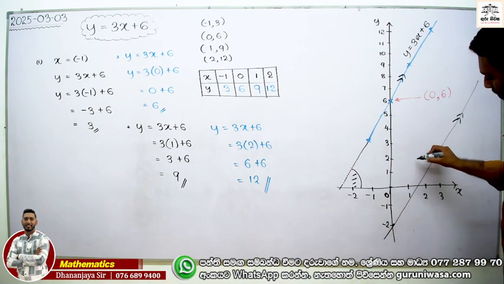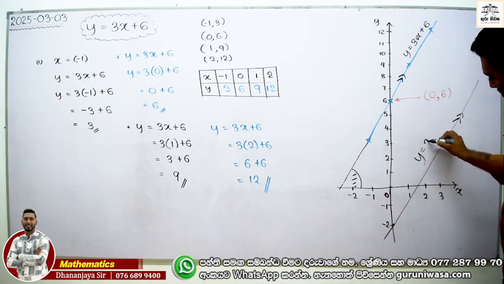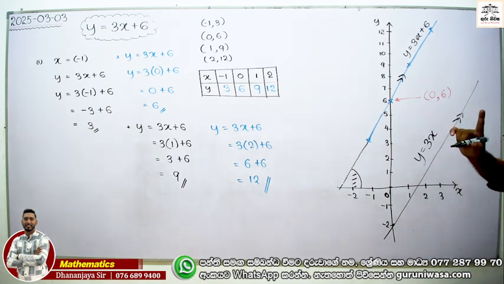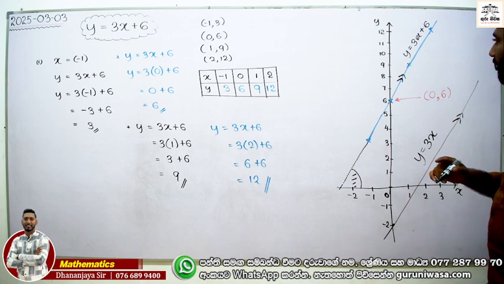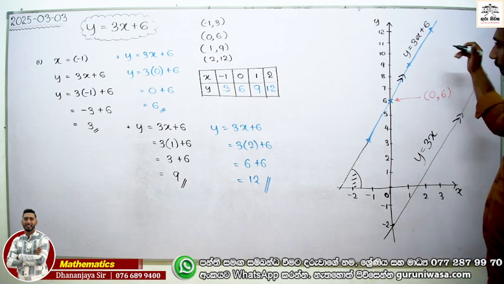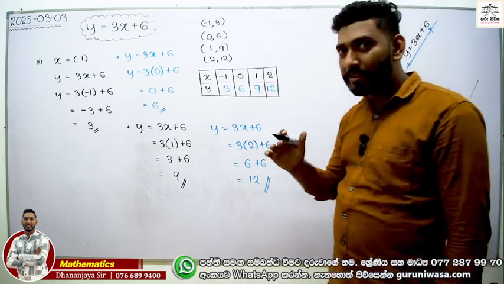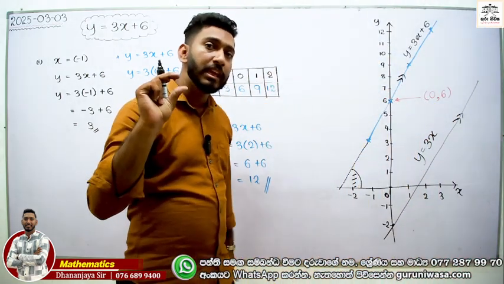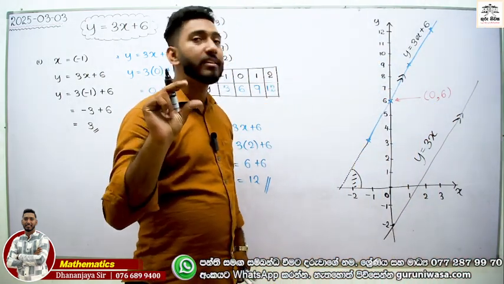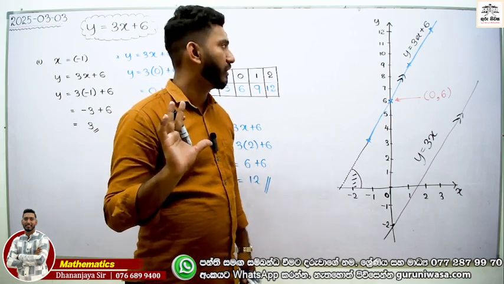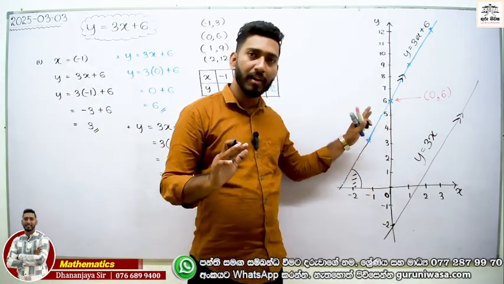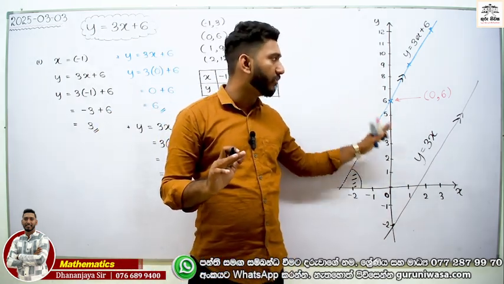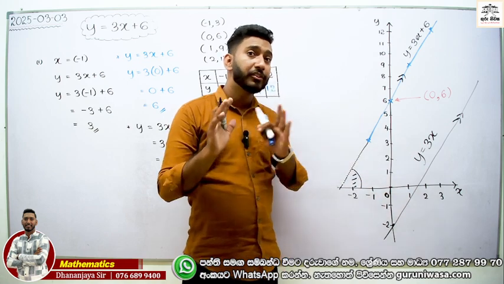This one should be y equals 3x, because in grade 9, the basic theory is that parallel graphs have equal gradients. There are two parallel graphs, therefore these two have the same gradient.